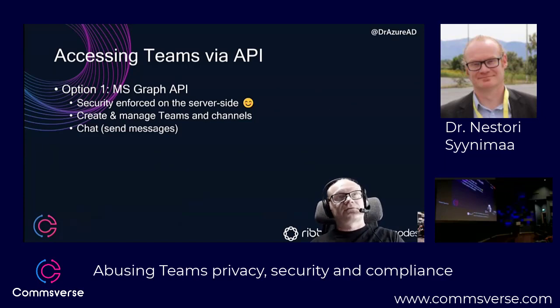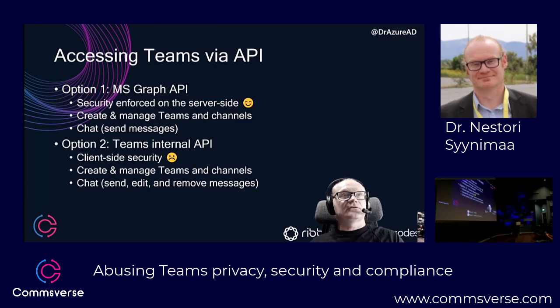With Graph API, you can create and manage teams and channels. You can chat, or you can send messages to others. I don't know if you can currently even modify or delete messages, but at least last time I checked, that wasn't possible.